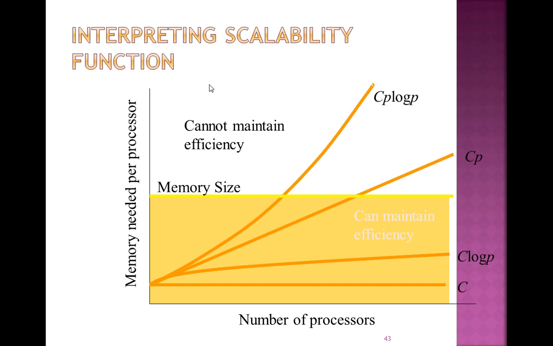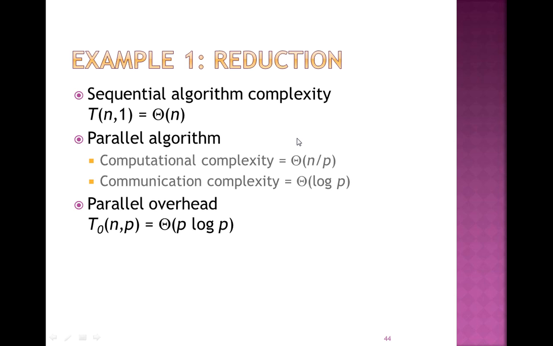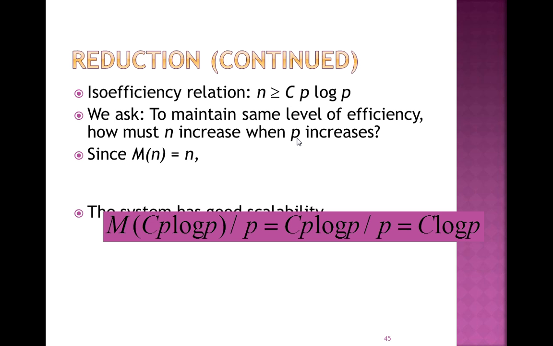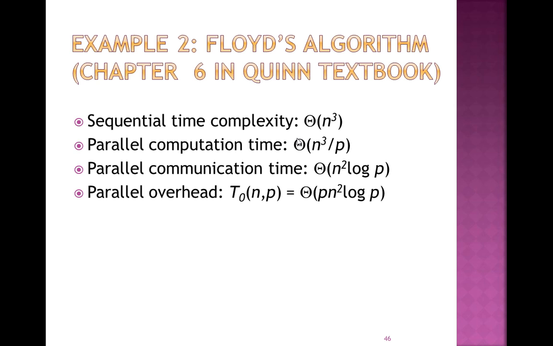This is the meaning of the scalability function. This is the diagram that shows that we can maintain the efficiency up to this memory size, but cannot beyond the memory size. This is the example that we discussed in the last class.